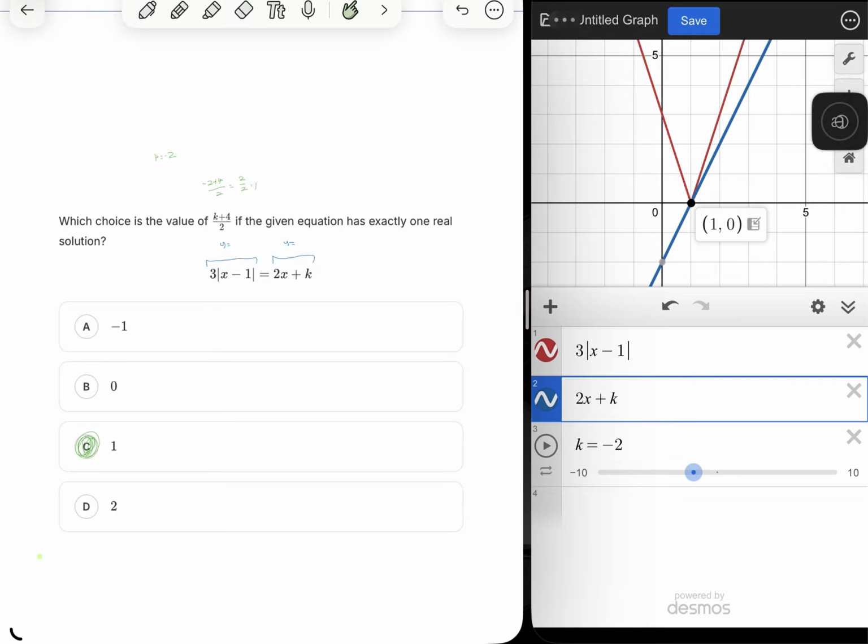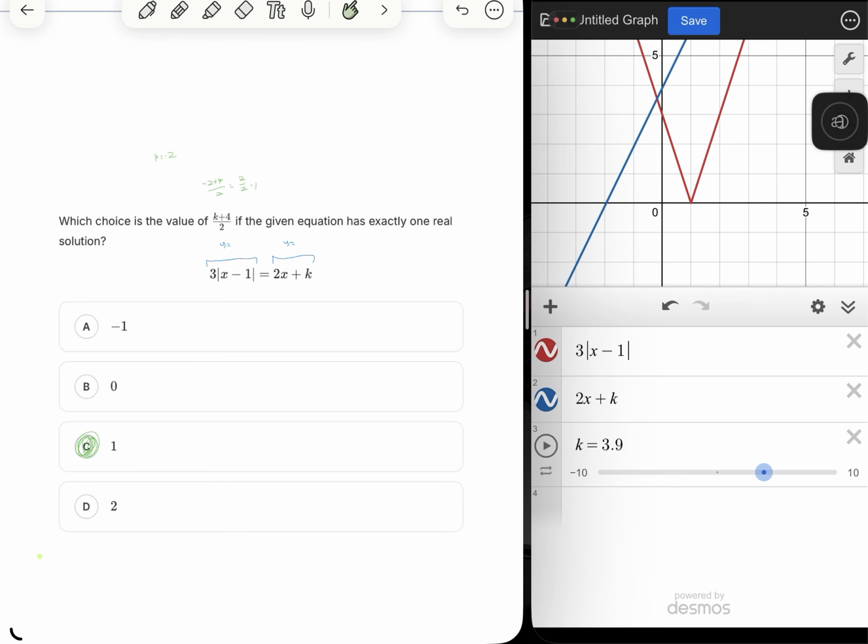So again, this is actually a really simple problem if you think about it the Desmos way, because all you have to do is adjust the slider until you see where these systems only intersect at one point. Now, I'm going to try to give you a framework to follow instead of just telling you to move the slider.